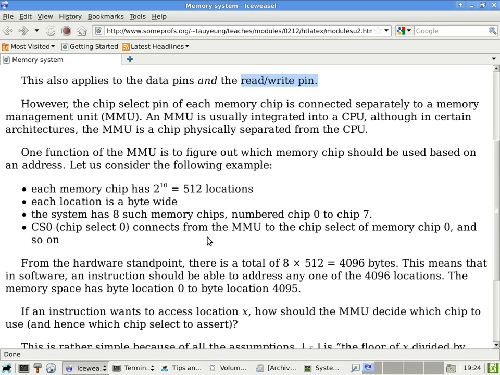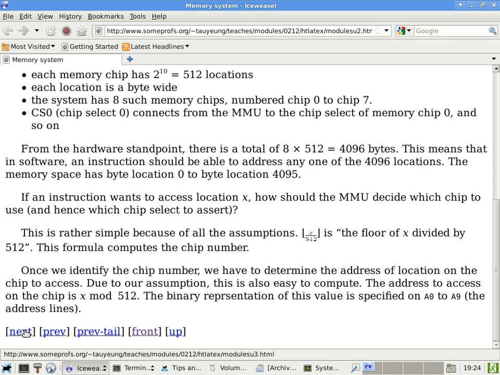Are there any questions on this page? How we can calculate which chip to use and what is the address that we need on the address bus? Let me give you an analogy nonetheless, because I can see from the facial expressions that an example may be helpful. Let's say you four here, each one is a memory chip, and each one of you has a binder.